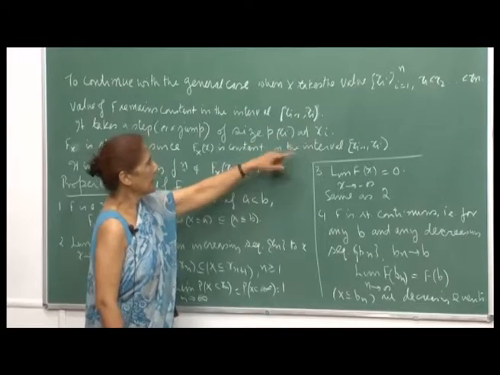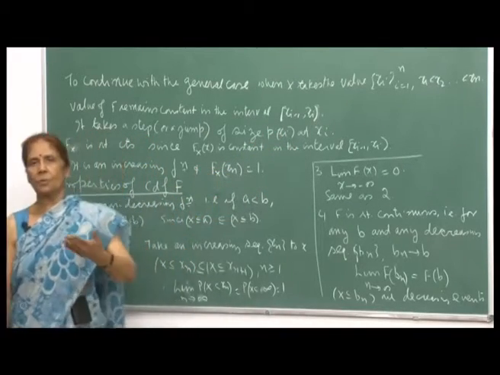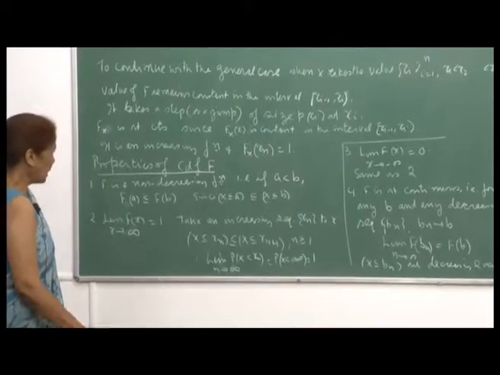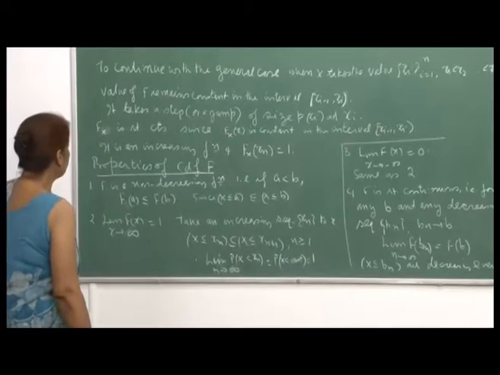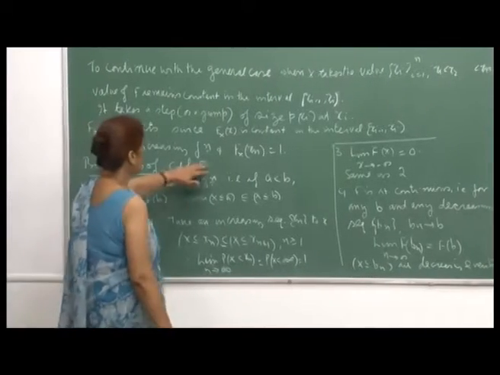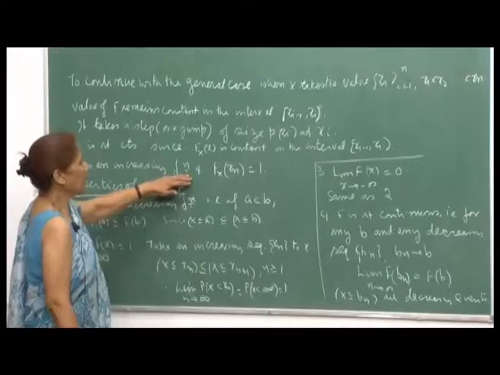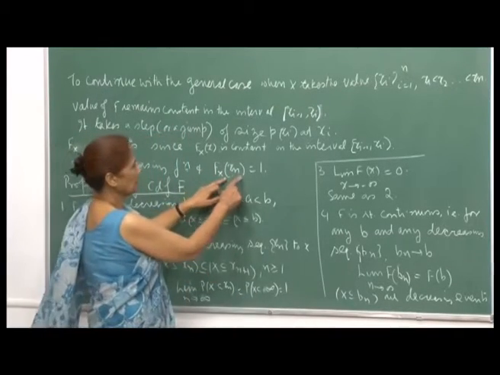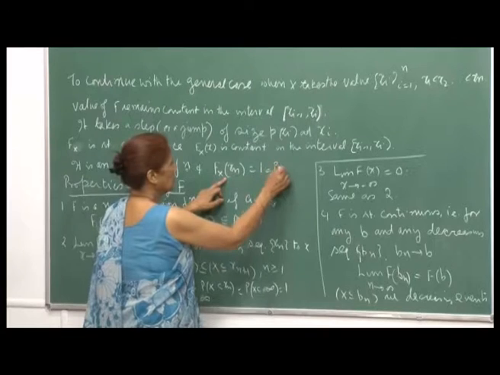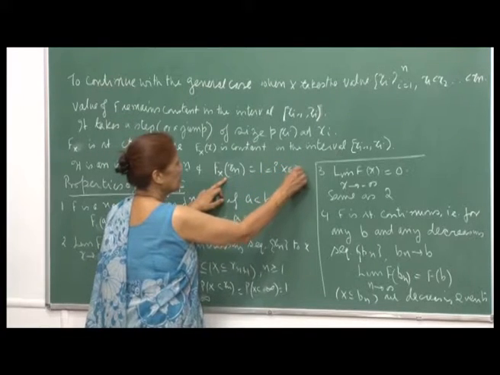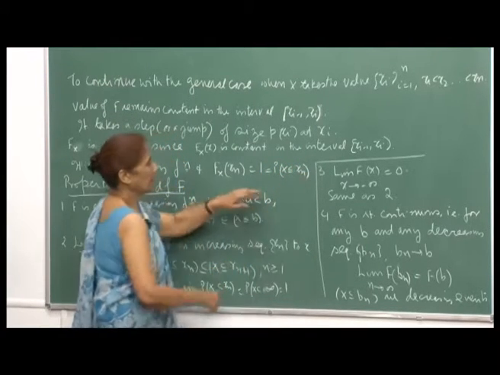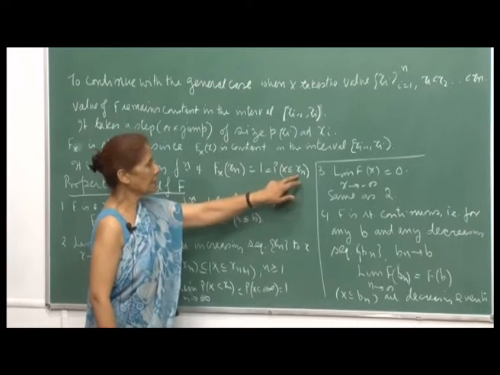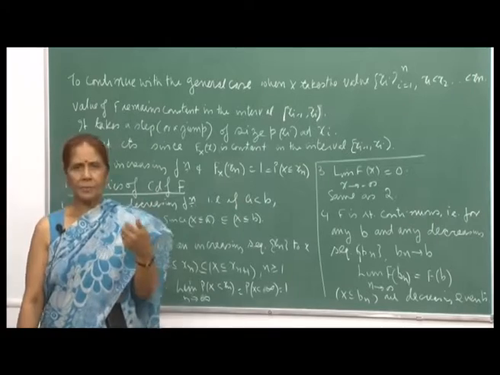So, that means at x i it takes a jump equal to the probability of the random variable at that point x i. And also we have seen that it is an increasing function. When you want to compute this, it is equal to the probability that X is less than or equal to x n, which means it has taken all the values x 1, x 2, up to x n.